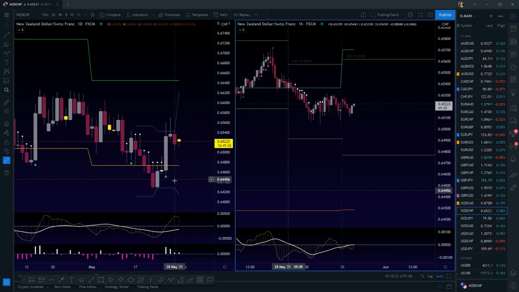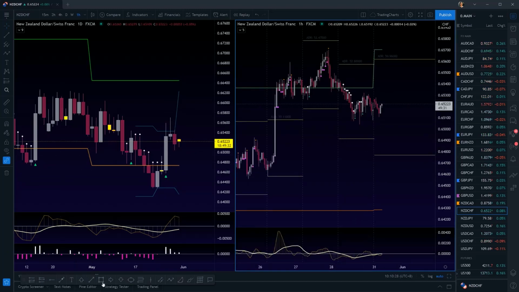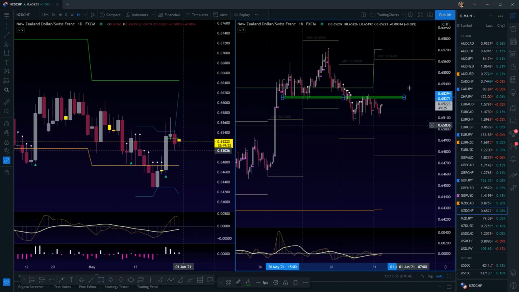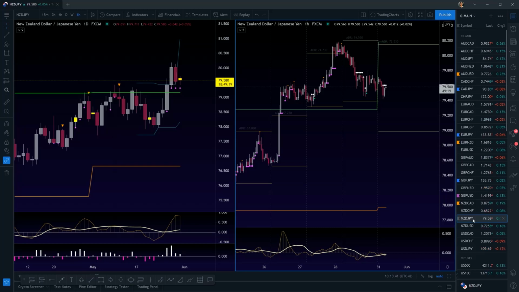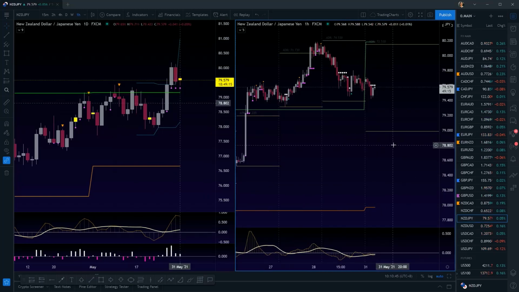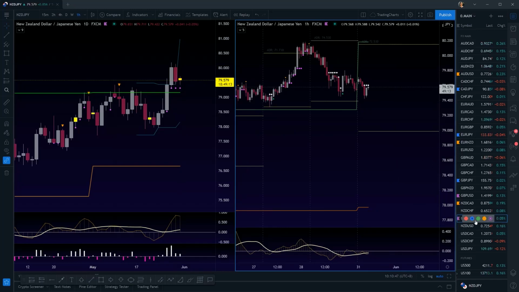New Zealand Swiss franc, likewise, you've got a push up, pull back. You've got this kind of flip zone here, so let's wait it out. New Zealand yen, likewise, we've got a push up, pull back. So yeah, the New Zealand dollar looks to have some more upside in it.